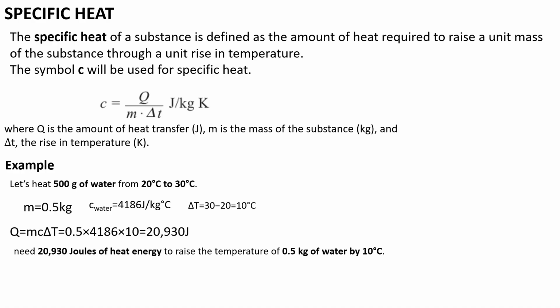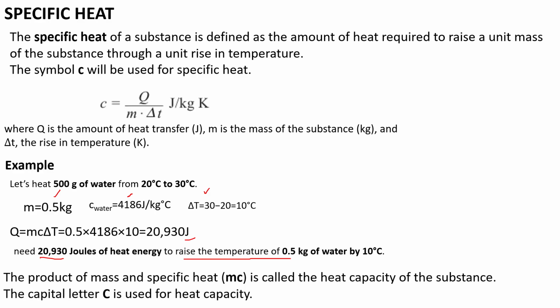Then the amount of heat Q equals m c delta T. Here we know the m, c and delta T values. Then the Q value is 20,930 joules. So 20,930 joules of heat energy is required to raise the temperature of 0.5 kg of water by 10 degrees Celsius.